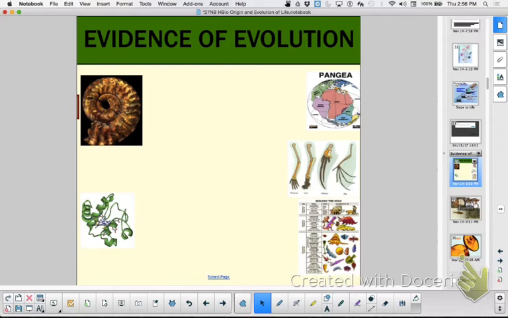Butterflies and birds fly, but they are not similar structures, right? So they're not probably related. So homologous structure, if you have the same kind of anatomy, you may use it differently, you're probably related. What's another piece of anatomical evidence?